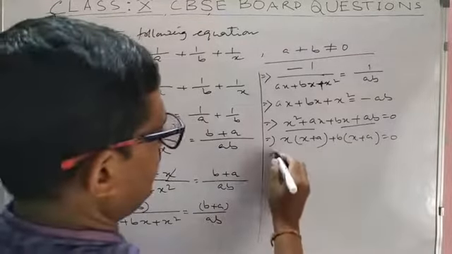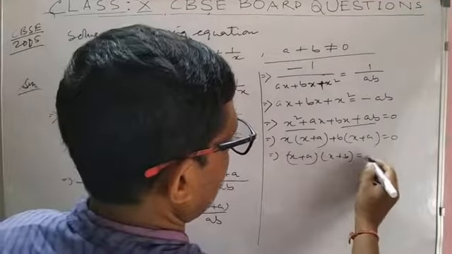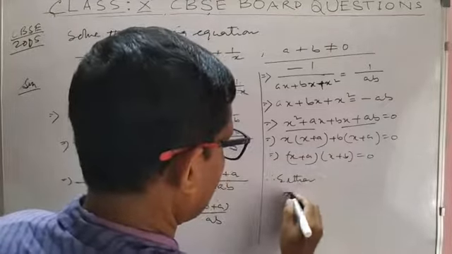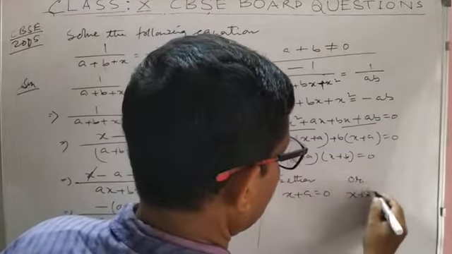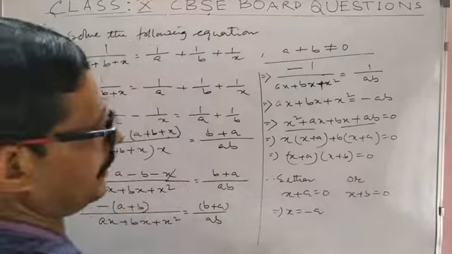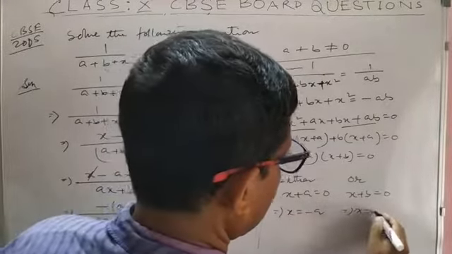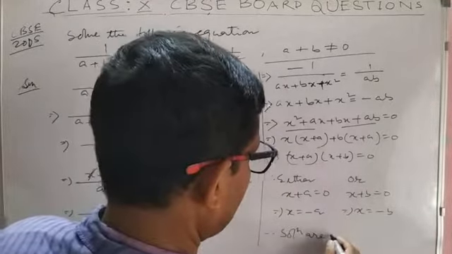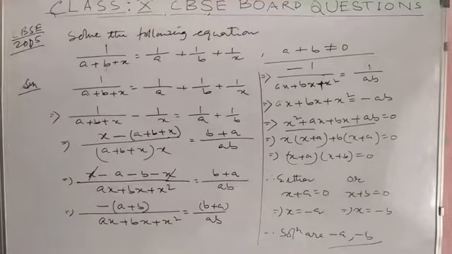Now (x plus a)(x plus b) equal to 0. So therefore either x plus a equal to 0 or x plus b equal to 0. This implies x equal to minus a, and x equal to minus b. Therefore the solutions are minus a, minus b.